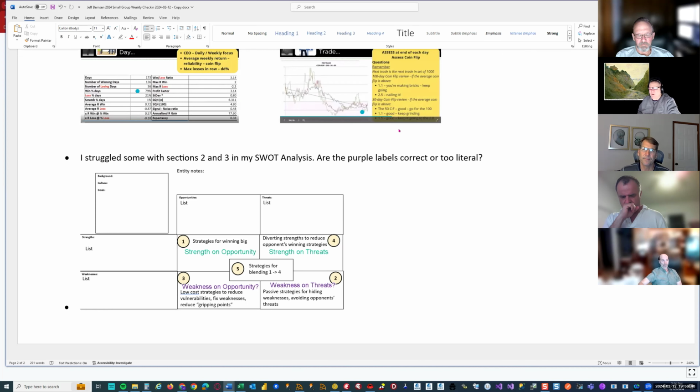I've got accountability partners. So what I'm looking for in 3 is a low cost way to take advantage of an existing opportunity with just a little nudge to improve a weakness. Say I want to trade so much that I'm ready to trade an hour before the market opens, and I've been monkeying around with pre-market trading, which doesn't follow the same kind of dynamics as the regular market hours, and my system's not working.